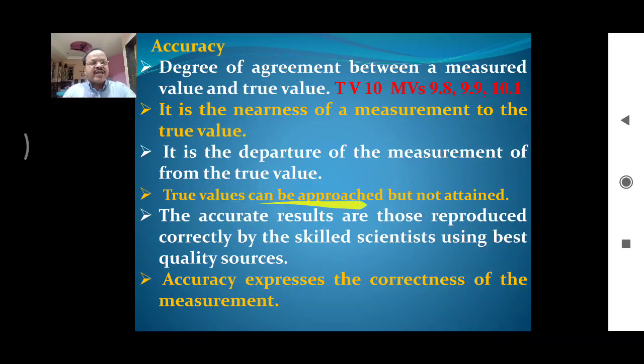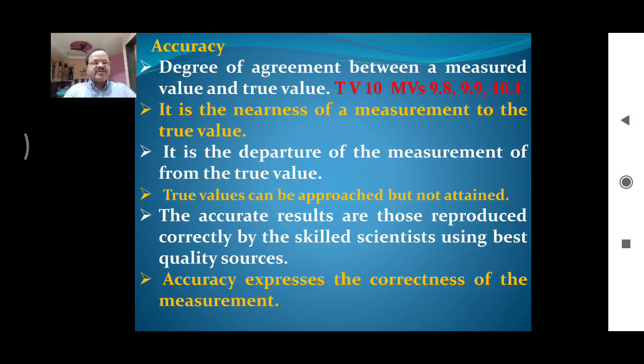True values can be approached but not attained. After carrying out the analysis of the given sample, we can reach towards the true value, but true value cannot be attained.